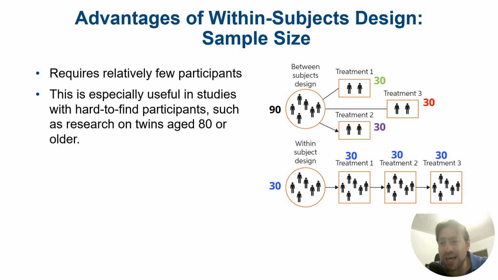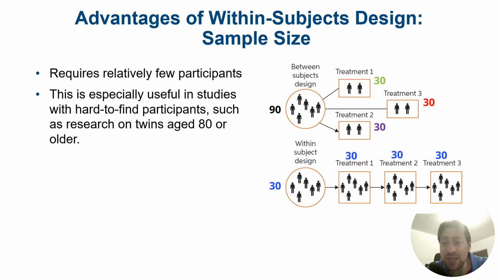So if you decide that you need 30 people per condition, and there are ways of estimating approximately how many participants you will need, well, in a within subject design, that means you need a total of 30 people in the entire study, no matter how many conditions you have, because the same people go through all your conditions.